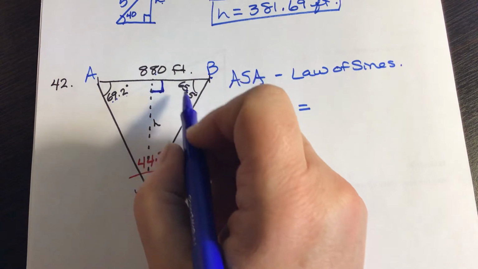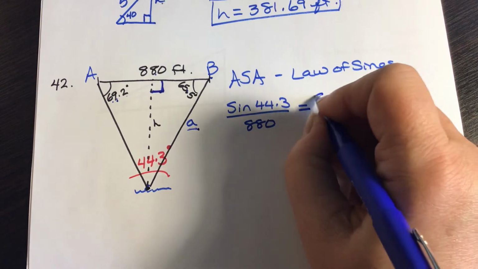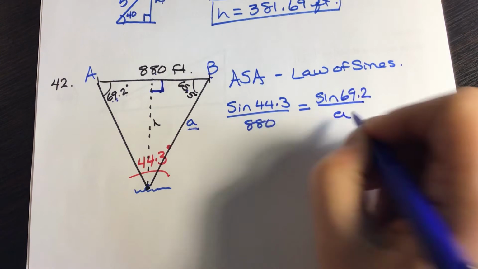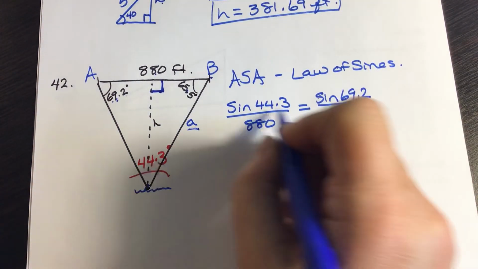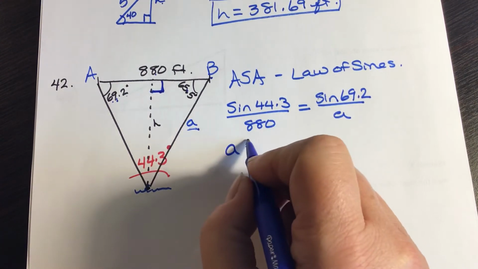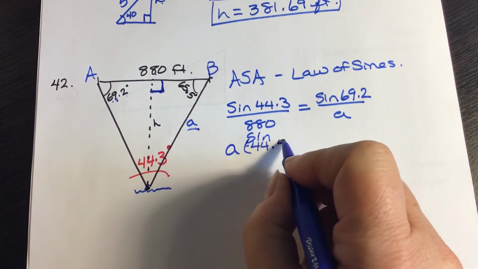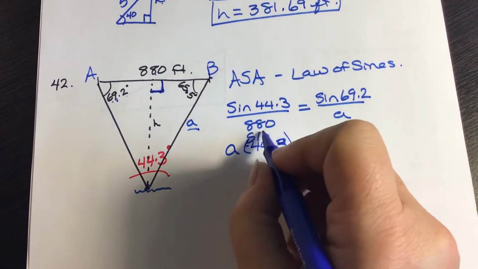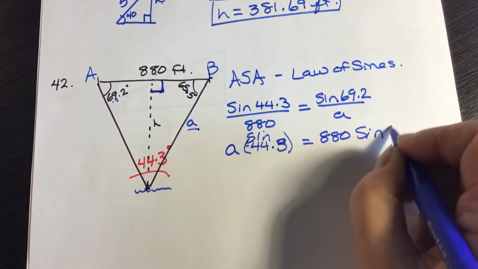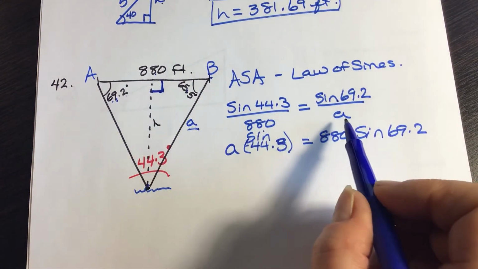Okay, because this again is a right angle because it's a height and it's perpendicular to the base. All right, so to find side A, I'm going to use angle A, which is sine 69.2 over A. So I have A times sine of 44.3, and I'm going to multiply 880 over here, and I'm doing that because this is a proportion and cross products are equal.